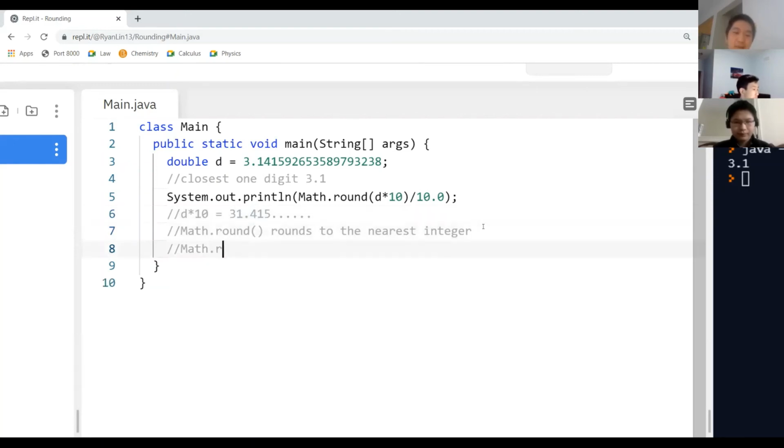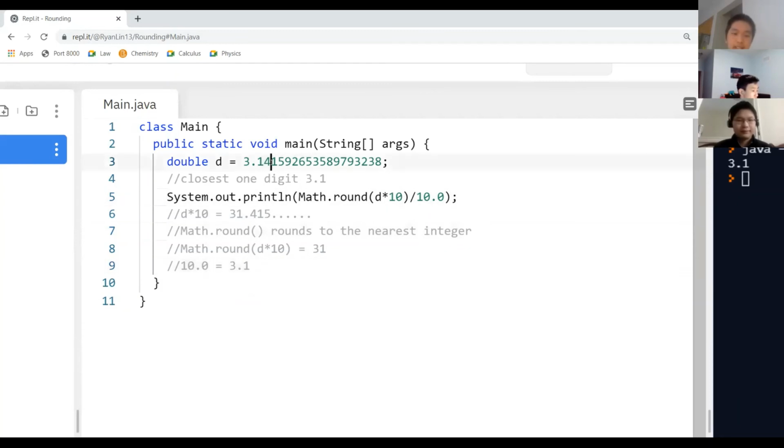So then math.round d times 10 would just be 31, right? And what do we do? Well, we divide it by 10 again, right? But we're making sure it's a double now, right? And then we'll end up with 3.1. So this is how you can round numbers in Java.